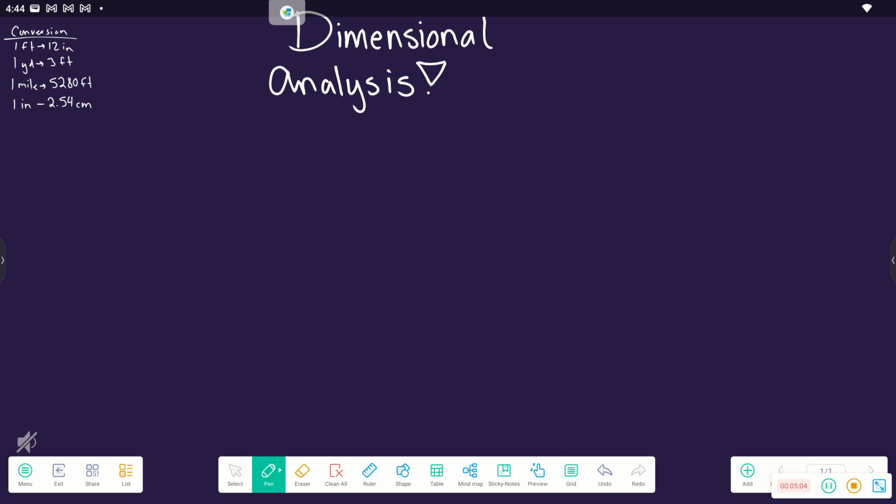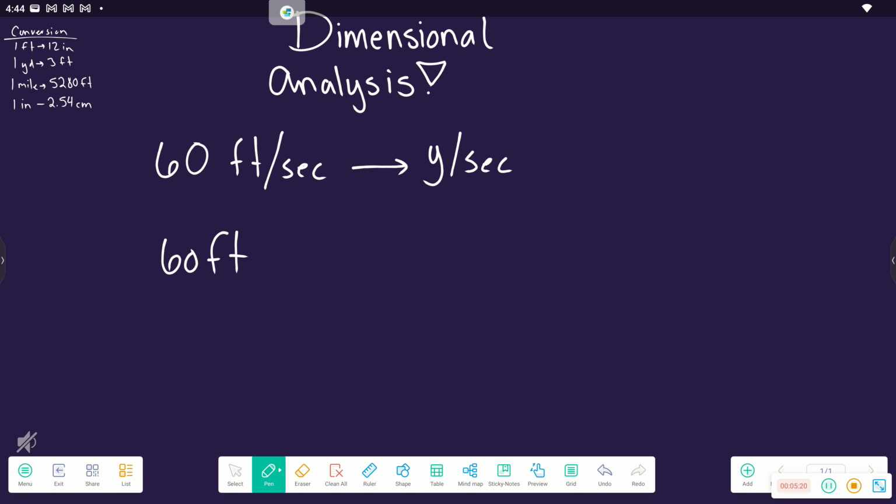Next, we've got 60 feet per second, and we are going to convert that into yards per second. So once again, I'm going to rewrite it: 60 feet per second. Now the thing that changes here is I need to convert my feet into yards. So when I multiply, I know it has to be on a diagonal. My feet have to be on the bottom. Now I'm going to use my handy dandy conversions chart that we talked about earlier.